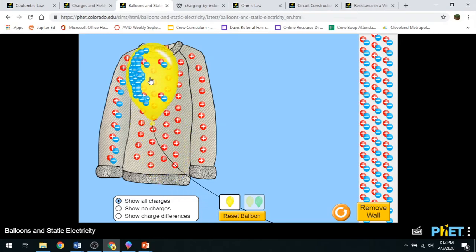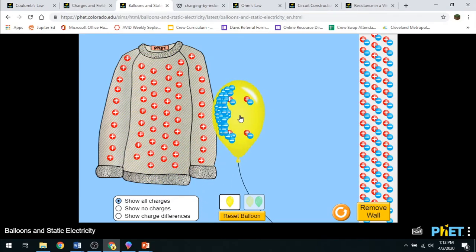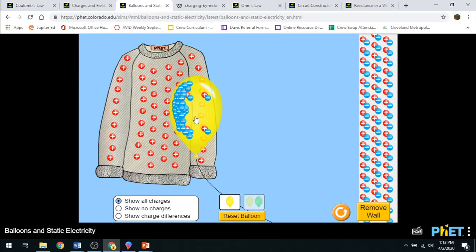So when you rub the balloon against that, or for instance, if you rub it against your head, the electrons in the sweater, or if you're rubbing it against your head, the electrons in the hair, they can just decide to leave from the sweater or from your hair, and they jump over to the balloon.